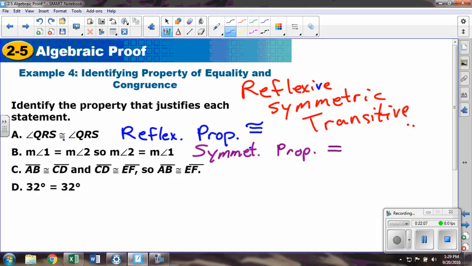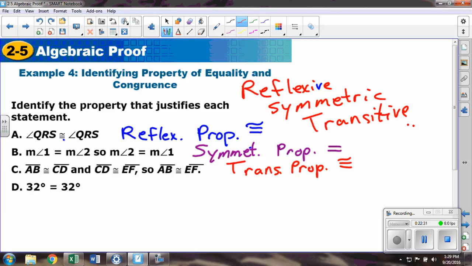What about the third one? AB is congruent to CD. CD is congruent to EF. So bridging it, that is the transitive property of congruence.